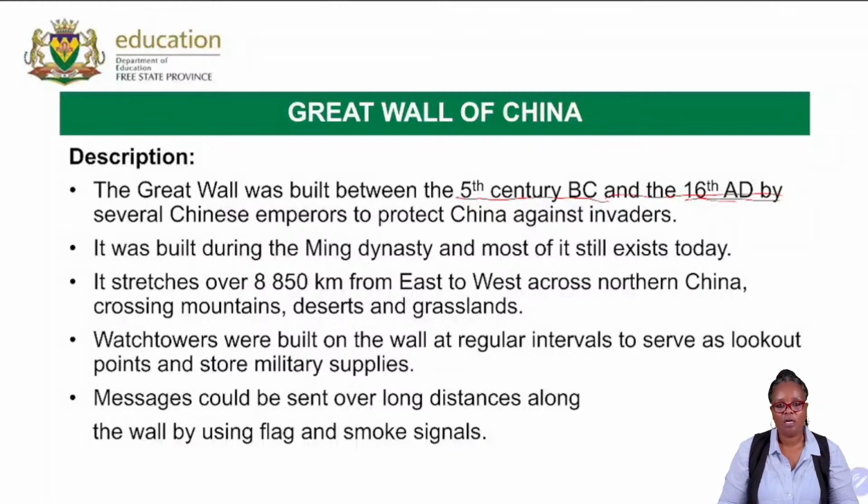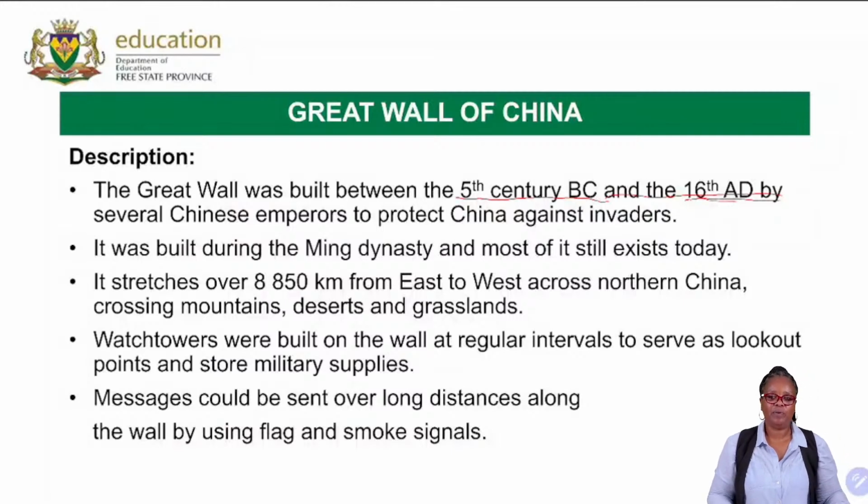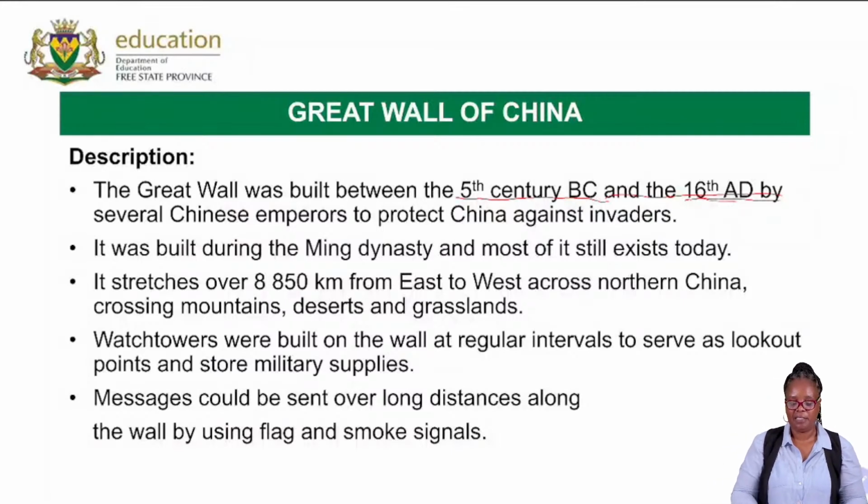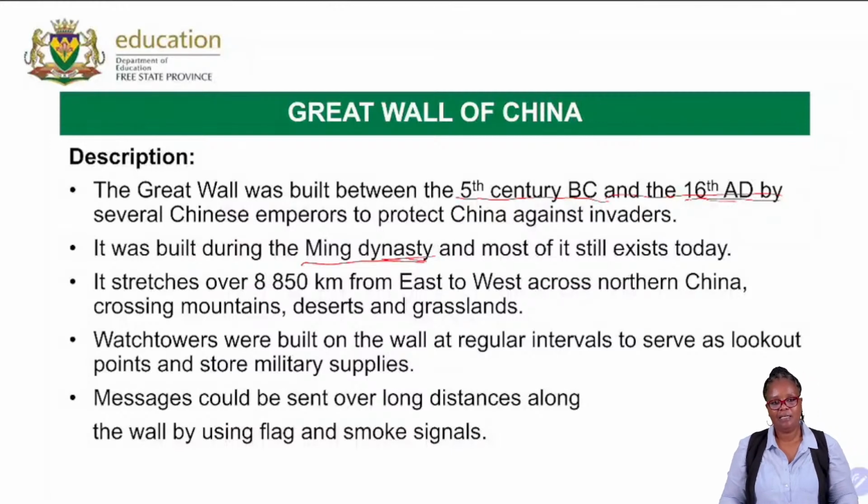They built this wall to protect China against invaders, intruders. So they didn't want people from outside to come to China. That's why they have this wall. And it was built during the Ming Dynasty. And most of the wall still exists until today.